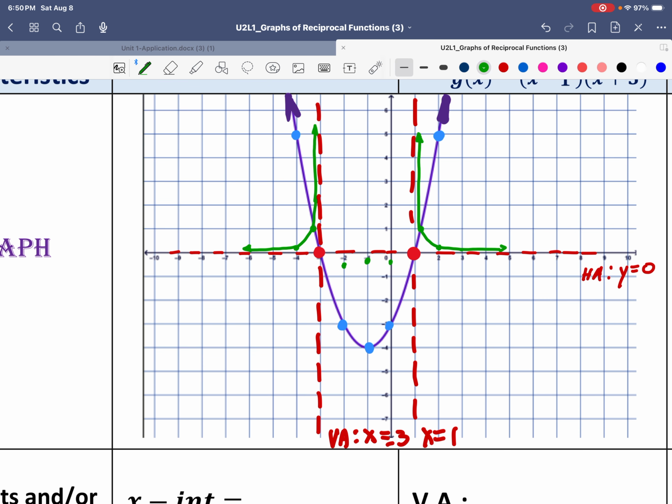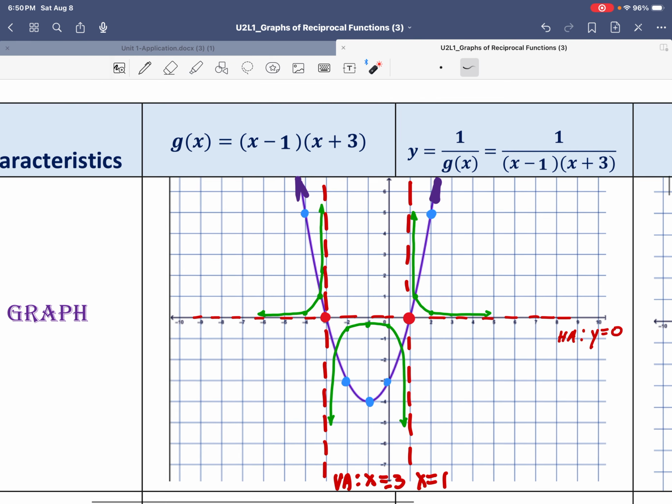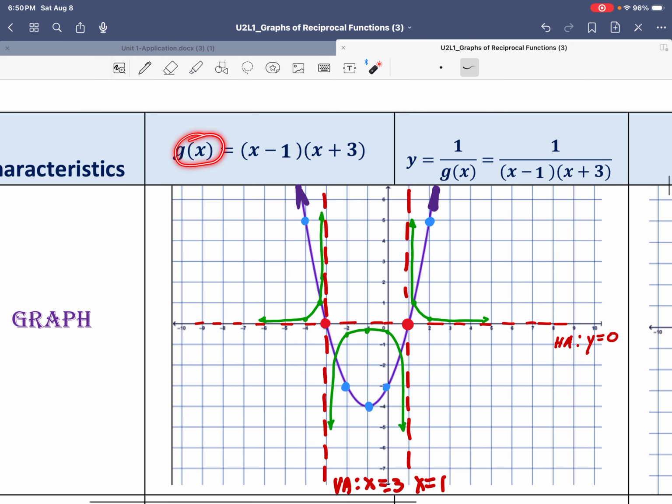So that tells us that the graph of this function will drop down just like this. Get close to the vertical asymptote, never touching it. And the green graph, along with the vertical and the horizontal asymptotes, will represent the graph of the reciprocal of g of x.